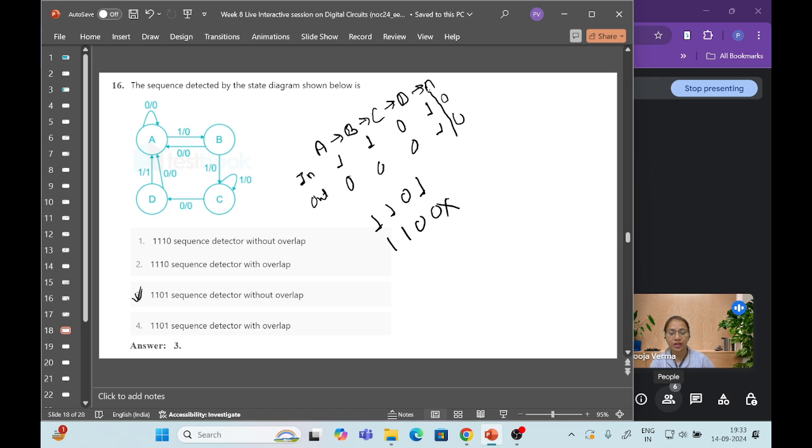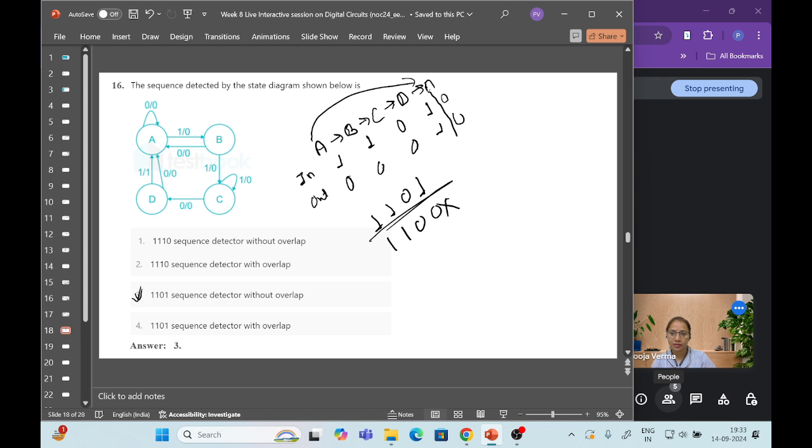Understand? Sometimes in the previous ones we were moving in the same state, but here we are not. We are just going in the forward direction, reaching the previous state, and finally D to A, without any overlap.